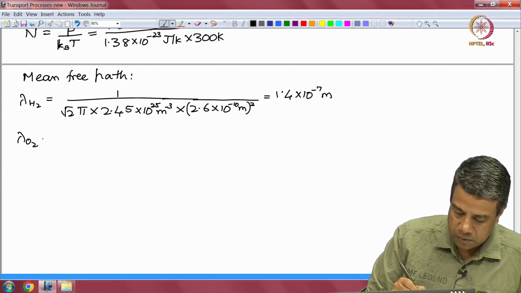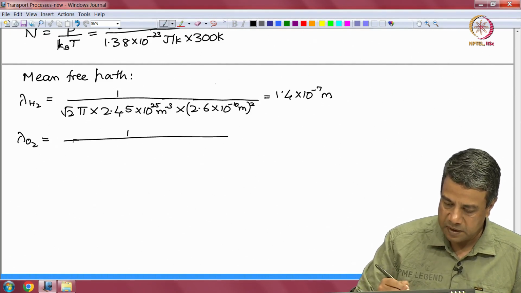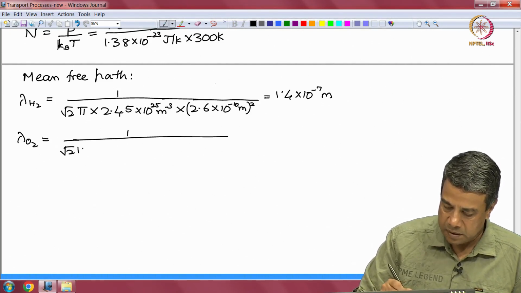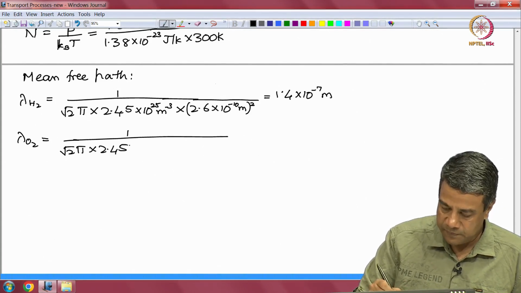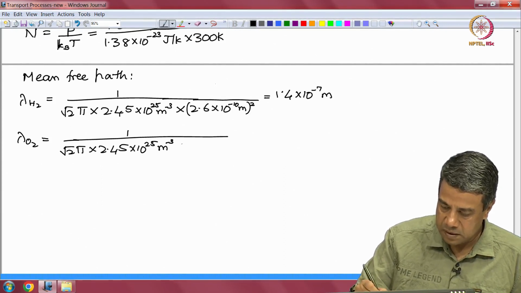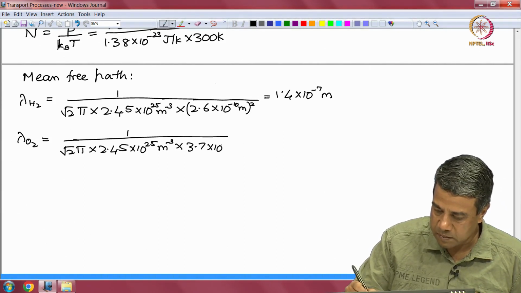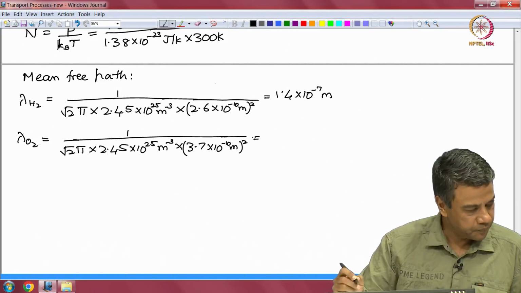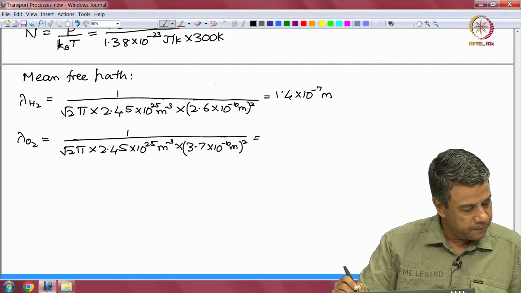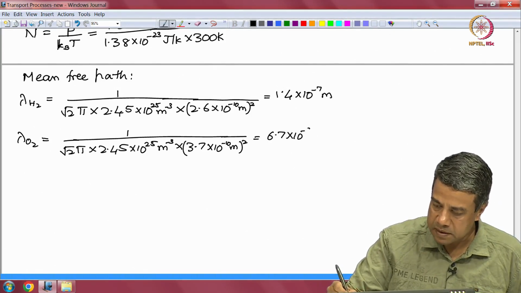Lambda of O2: n is the same, root 2 pi. The number density is the same, 2.45 into 10 power 25 meter to the minus 3, into the molecular diameter, which was 3.7 into 10 power minus 10 meters, whole square. And this turns out to be 6.7 into 10 power minus 8 meters.